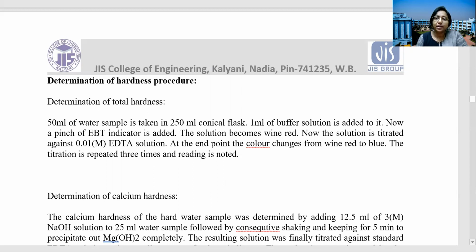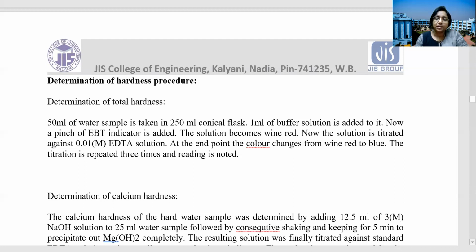Then the solution color will be red, and in the burette we take EDTA. If we do the titration, we get blue color. From the burette reading, we can calculate in terms of calcium carbonate, that is the determination of total hardness.